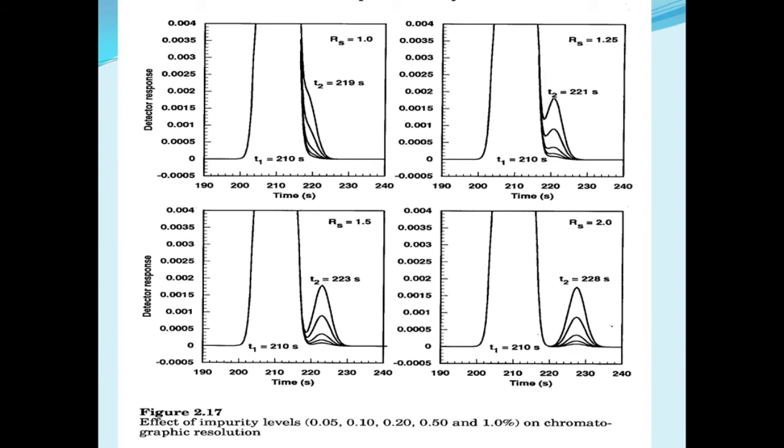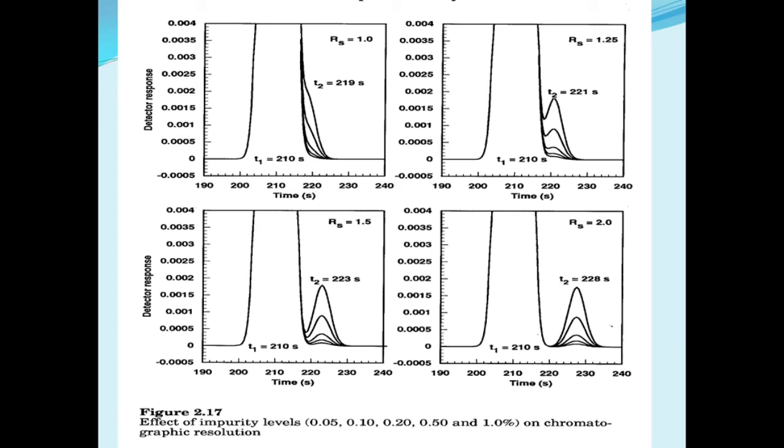The problems associated with the detection of trace impurities are shown in figure 2.17. These problems are accentuated by any tailing of the major components.